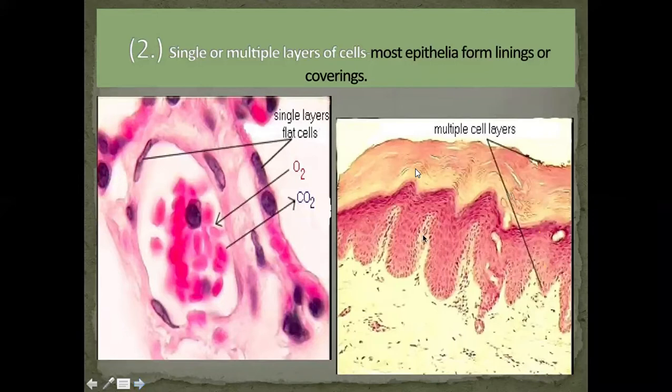This is the lining of our skin. This is a multi-layered epithelium made up of many layers of cells. Imagine mo if this were the type of lining of your blood vessels. It's quite difficult, no? On the other hand, imagine mo naman if your skin were lined by only a single layer.